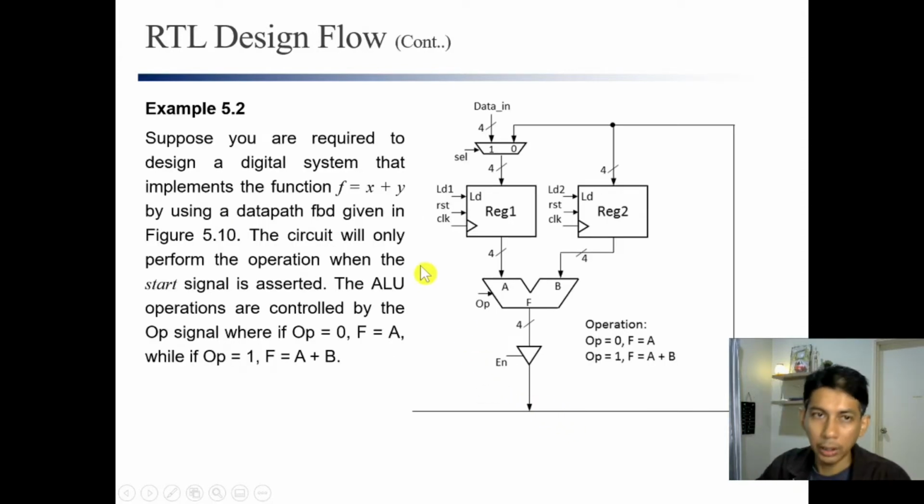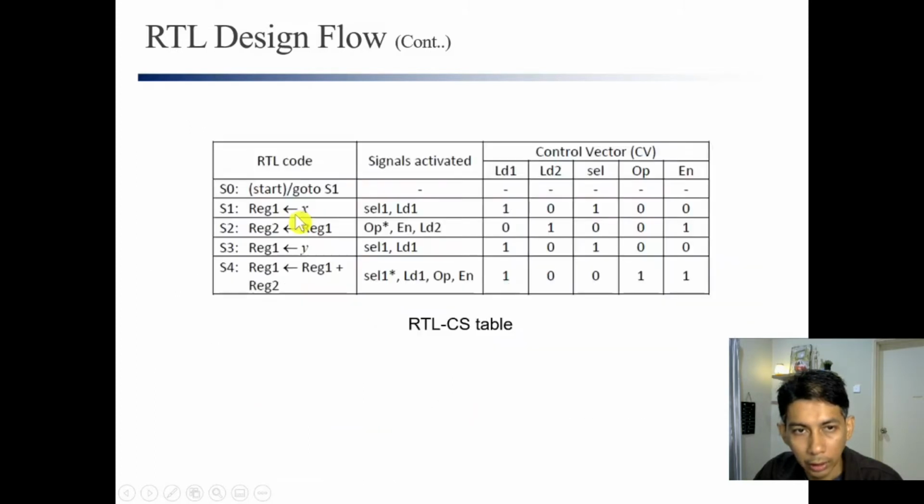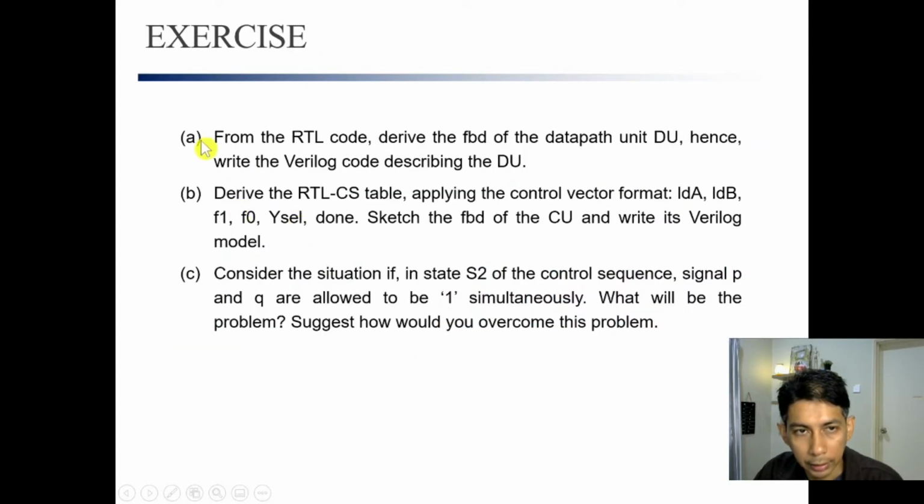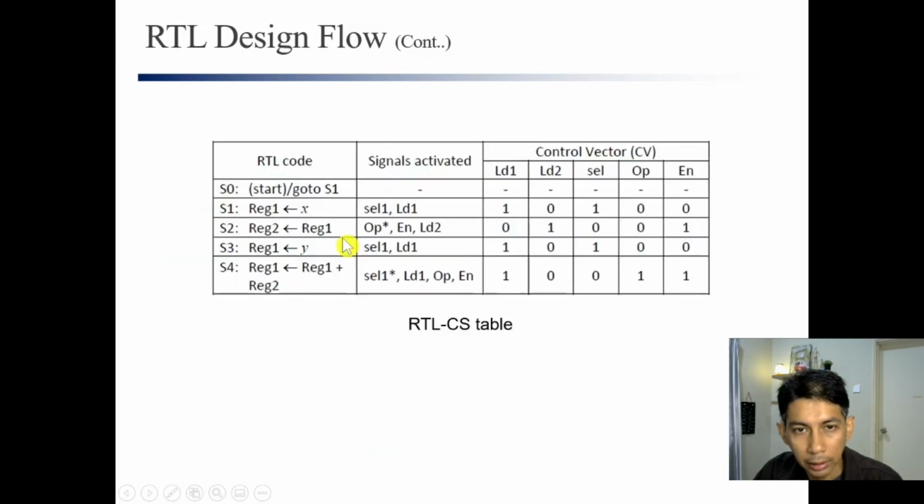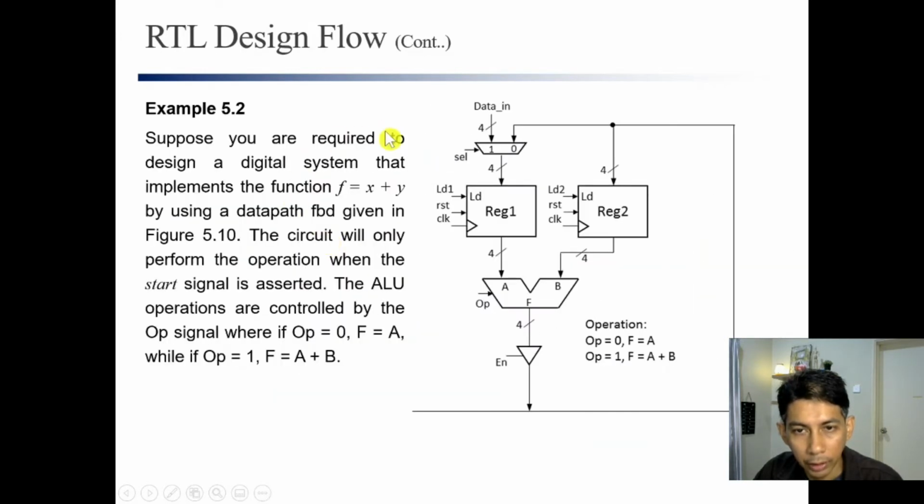Now today we will look at the next example, 5.2, and also do some exercise here, right? And hopefully we can finish this chapter by today. This is another example where we have the data path given here.